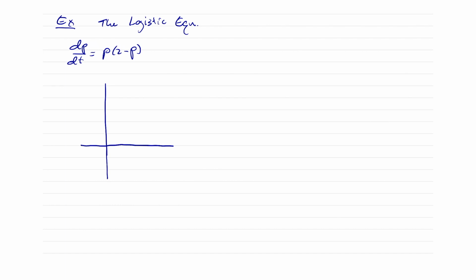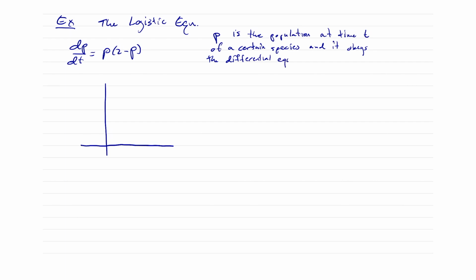So P is the population at time t of a certain species, and it obeys this differential equation, which we'll call star.